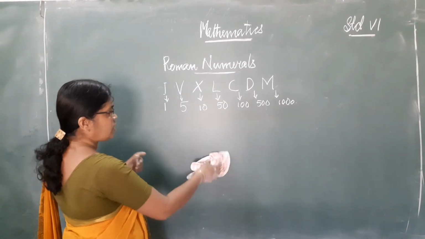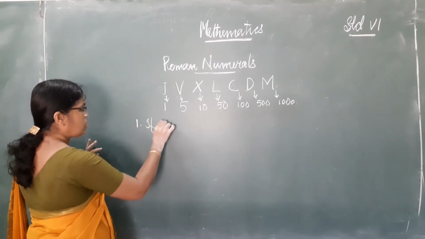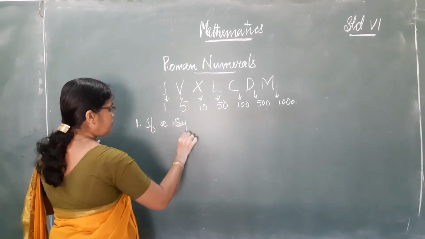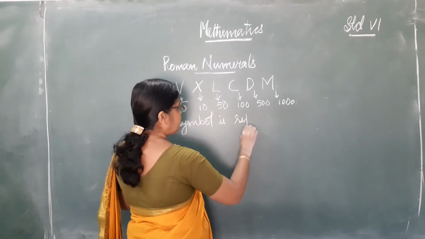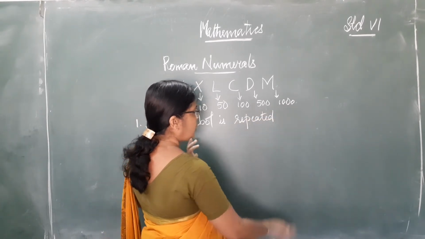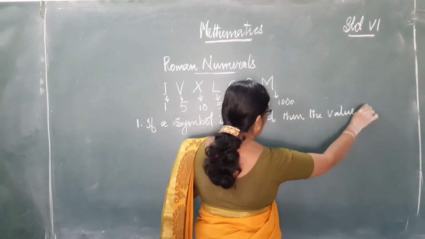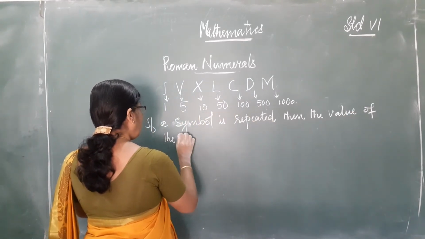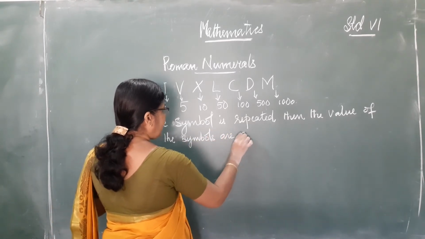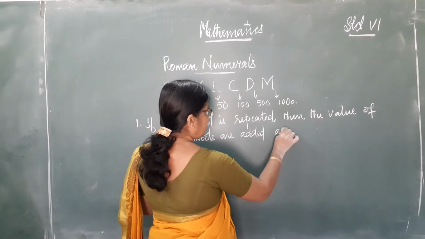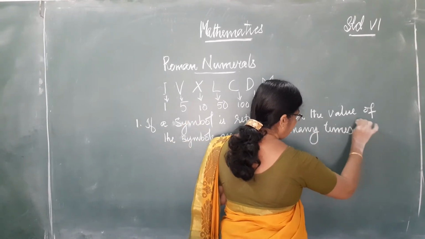Let us see that. First rule is, if a symbol is repeated, then the values of the symbols are added as many times as it is repeated.